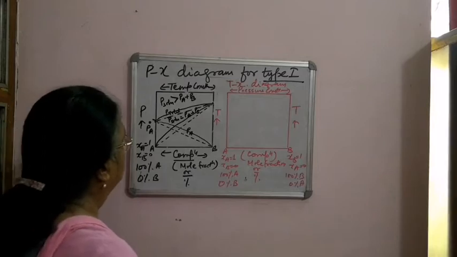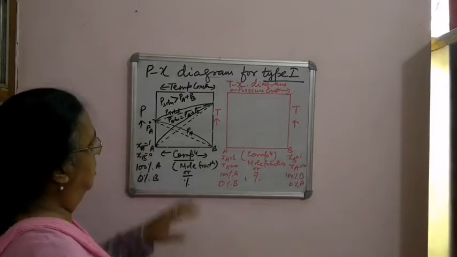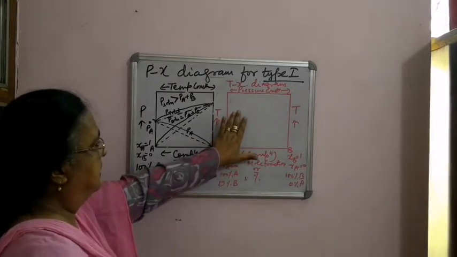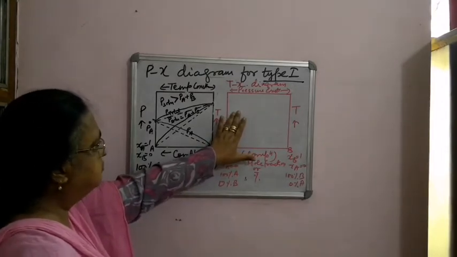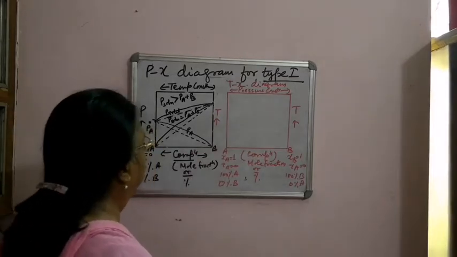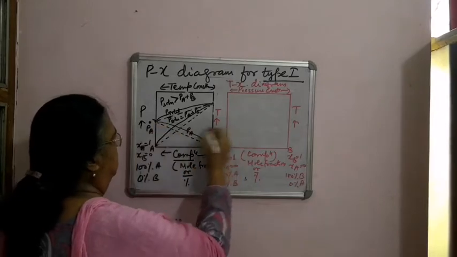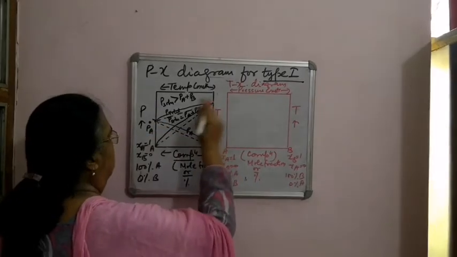So for this, if you draw this, although you do not have to do it in much detail, but still if you do this, then this diagram will be reversed. Here P naught A, so this is lower, this is higher.